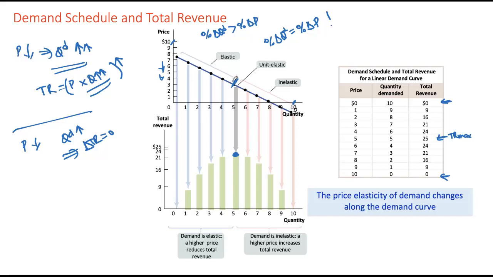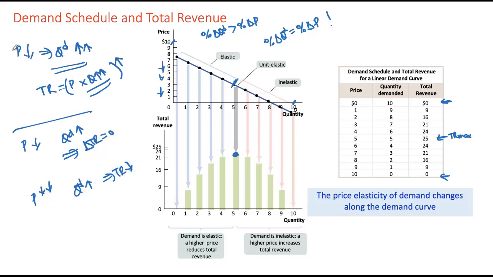And then in the third segment, as price continues to fall, now price is falling, quantity demanded is responding by increasing, but now because we're in the inelastic segment, price effect is the dominant one, and therefore it pushes your revenue down, and total revenue is now decreasing.